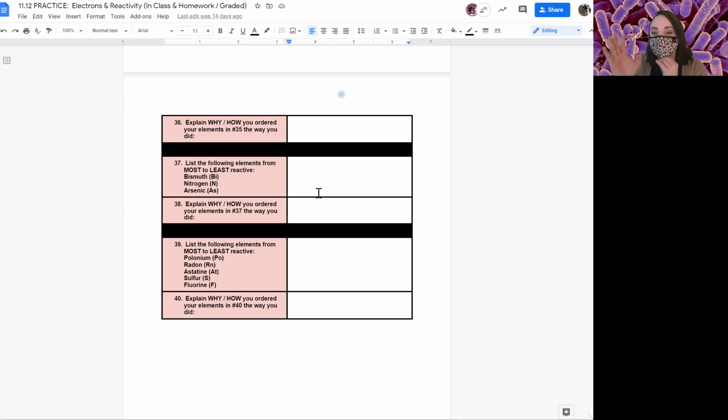So on the non-metal side, if atoms are smaller, they are more reactive because they more strongly attract or gain valence electrons. Okay, so we just had to sequence them here from smallest to largest, which is opposite of our metals. All right, number 39. Whew. Most to least reactive here.